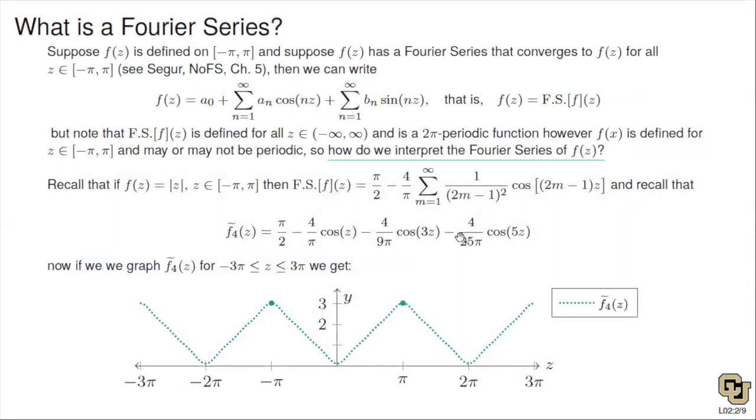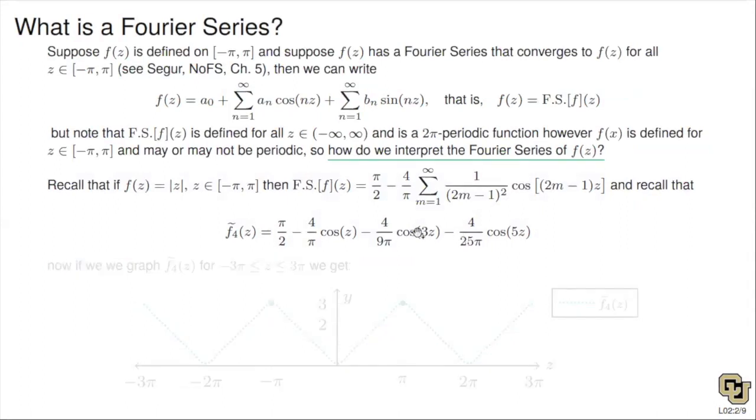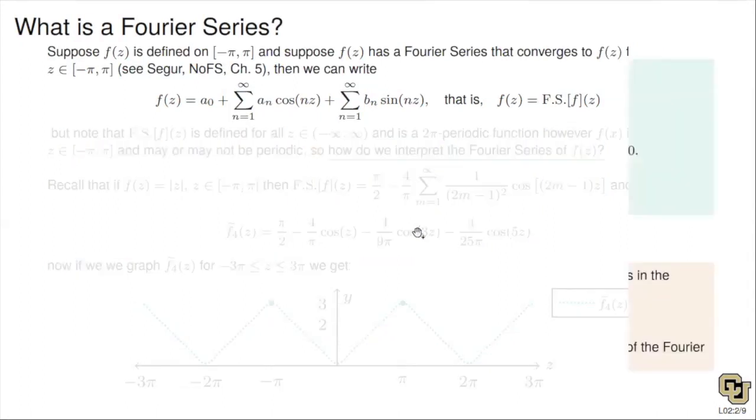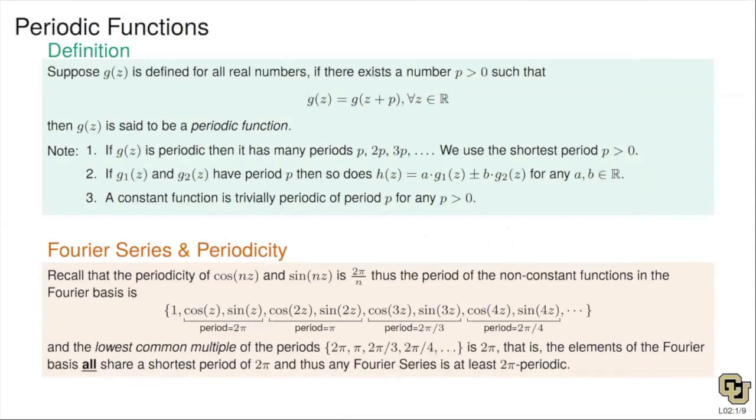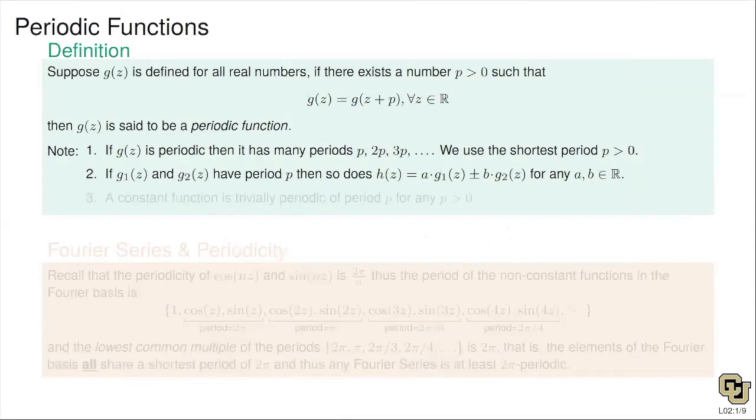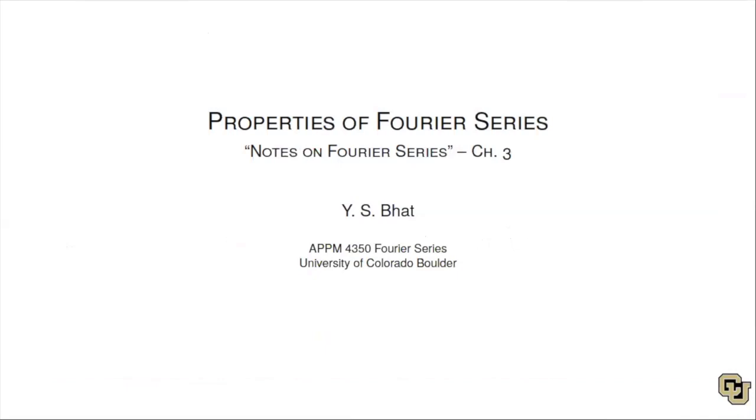Next time we'll discuss the details of the periodic extension, and we'll get a real handle on what exactly the Fourier series is doing to the function on the other side. The way I like to think of it, when we take a Fourier series of a function, we're applying a treatment to the function. We're Fourierizing it, and so the thing we get out is not exactly the function, but there are relationships to the original function.